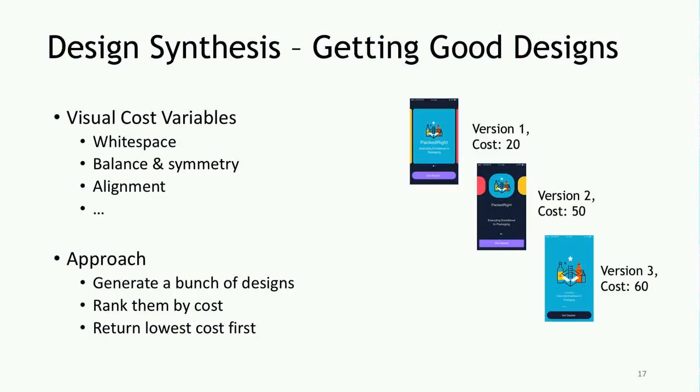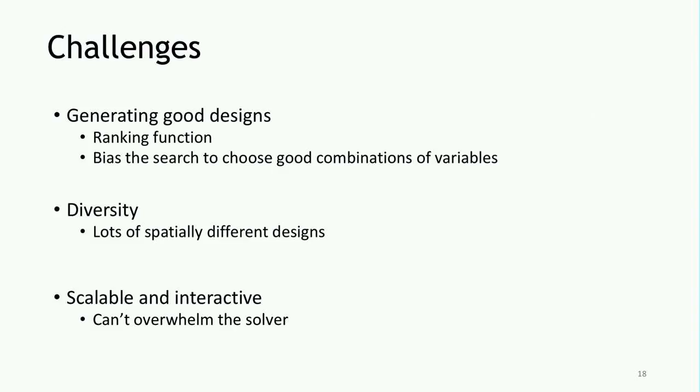However, this leads to a challenge where it's really hard to get enough variations interactively, so enough of these good designs actually appear, because many combinations of these designs are still not visually appealing. So we're exploring ways we can modify the search order to choose the best combinations first, or something like that, to help us get better designs interactively.